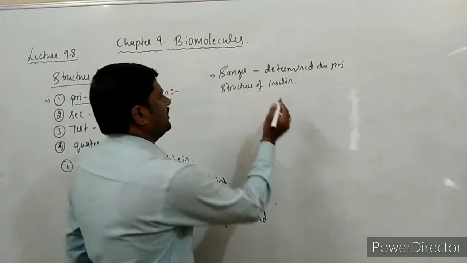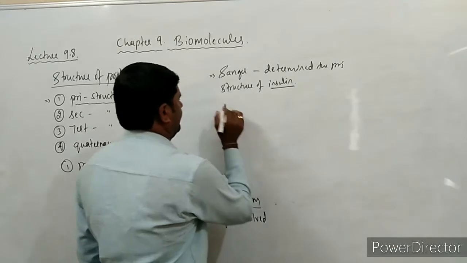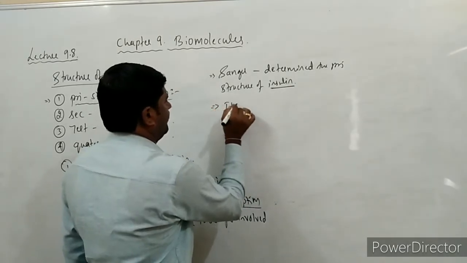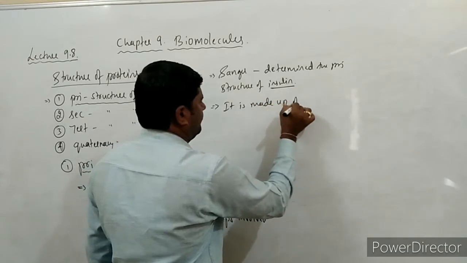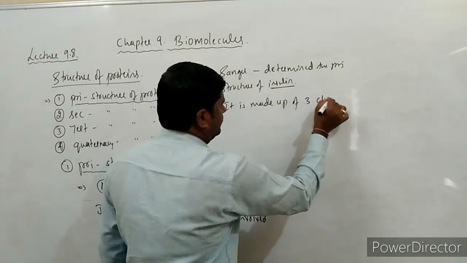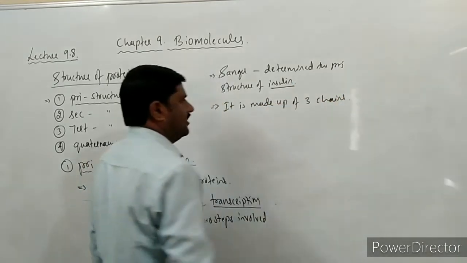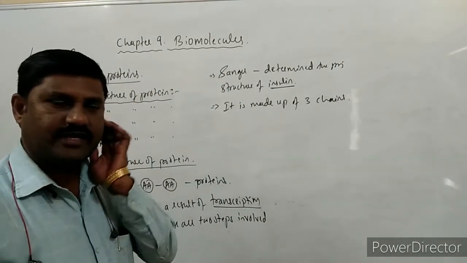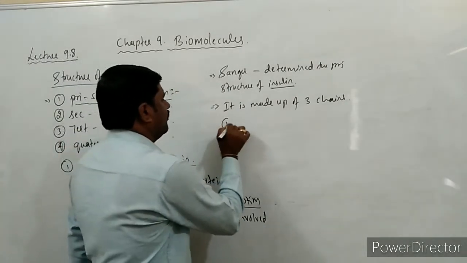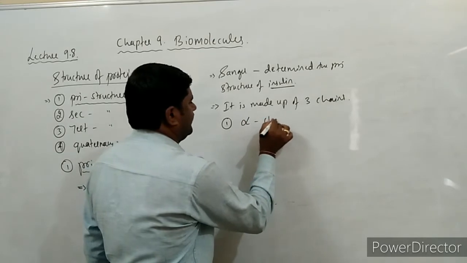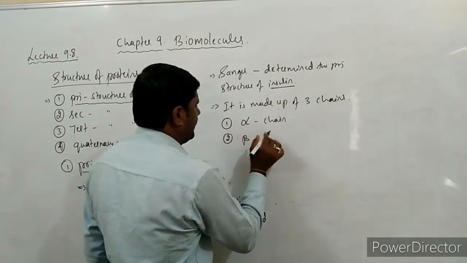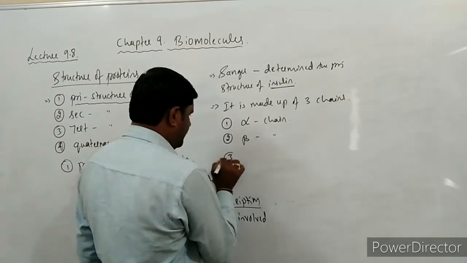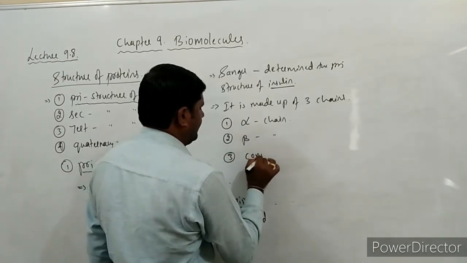This insulin is made up of 3 chains. How many chains? 3 chains. One is the alpha chain, the second one is the beta chain, and the third one is the connecting chain.